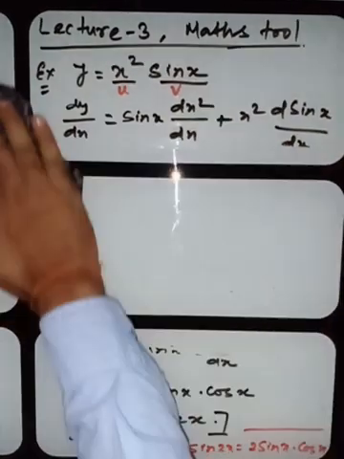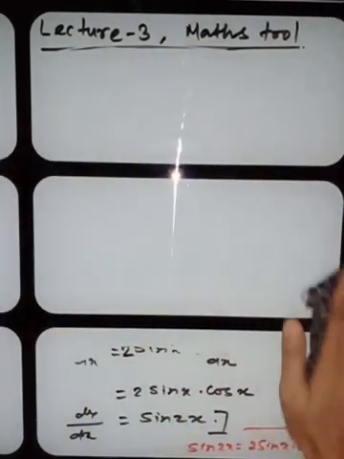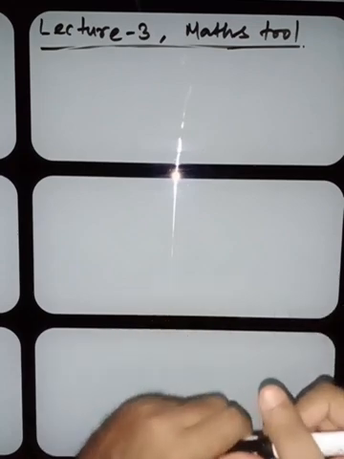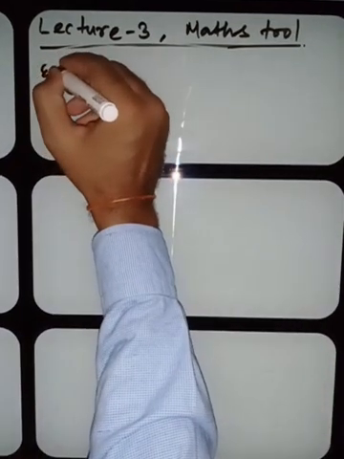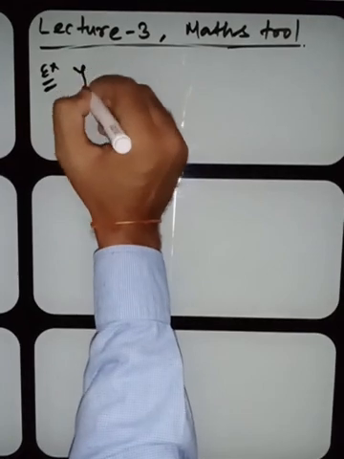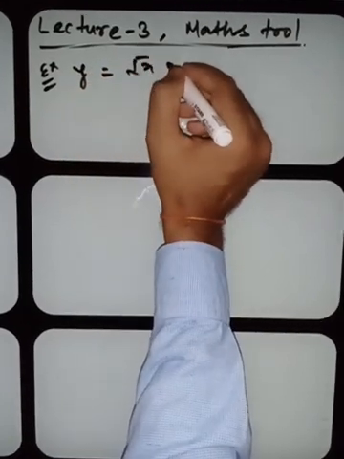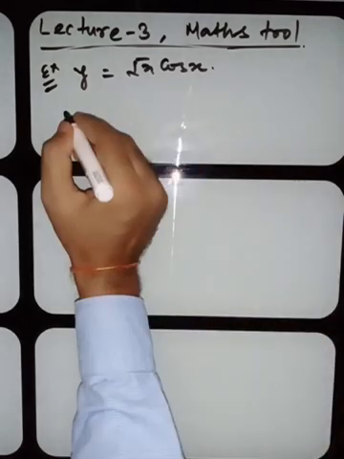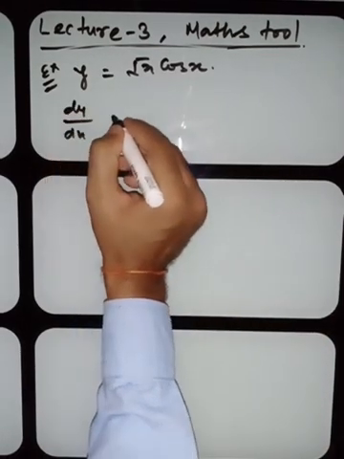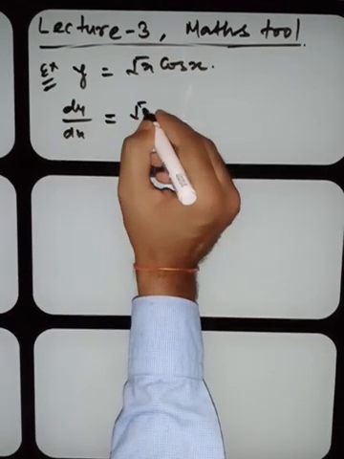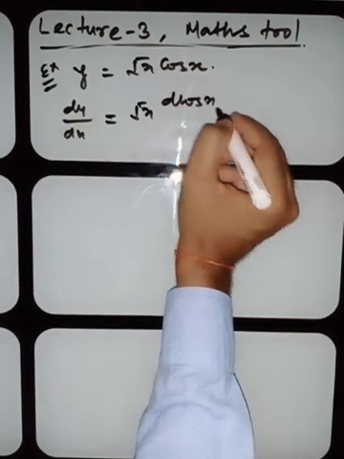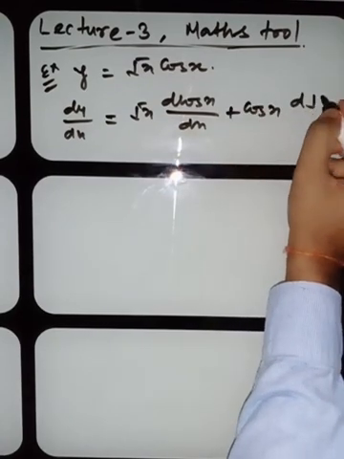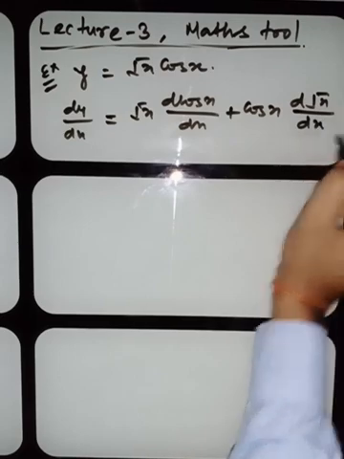Let me rub it. Now kindly do the practice and try to solve this question. y is root x cos x. Kindly do it using the definition, my dear students. Let me show. dy by dx is root x d cos x by dx plus cos x d root x by dx.